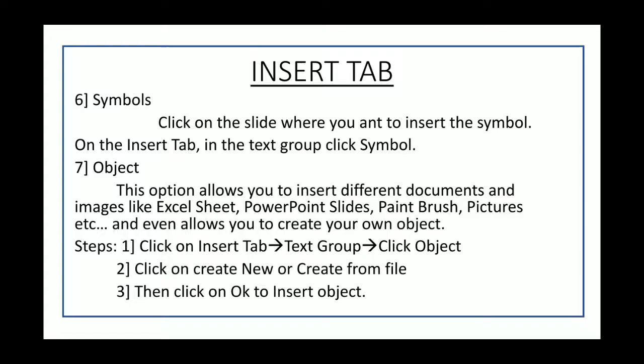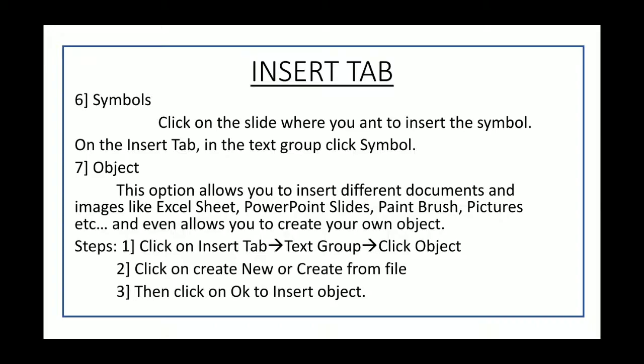I am taking the example of paintbrush. Whenever you insert a new paintbrush, the paintbrush file will be displayed on the screen of the PowerPoint presentation with all its options. Just draw the picture there, and if you click outside, that file will be inserted into your presentation.